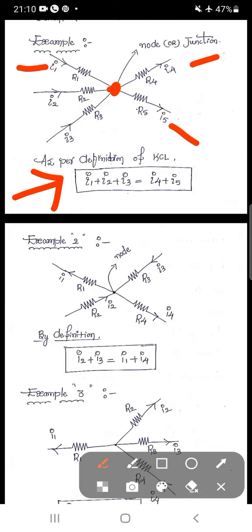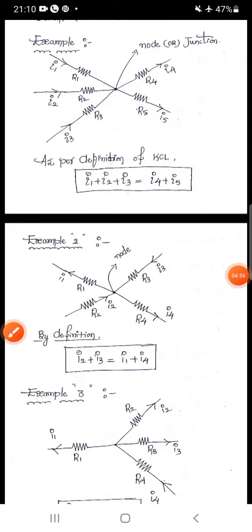Like this we can write the expression of Kirchhoff's current law at any junction point depending upon the direction of current towards the junction or outgoing from it. Clear? This is one example.